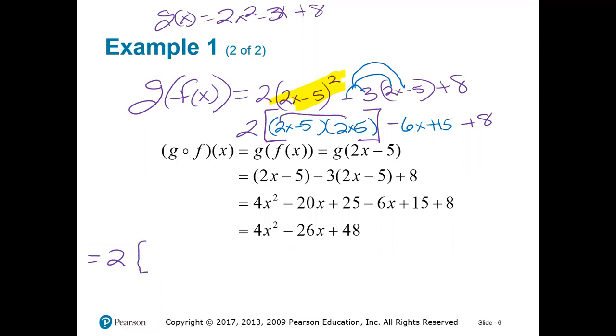I'm going to say 2x times 2x is 4x squared. 2x times that -5, don't forget our negative sign, gives me a -10x. And then -5 times positive 2x gives me a -10x. And then -5 times -5 gives me a positive 25. And let's bring down the rest.